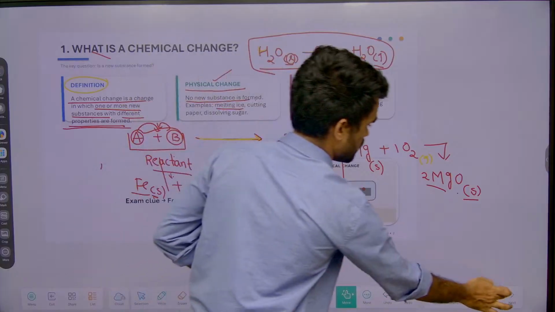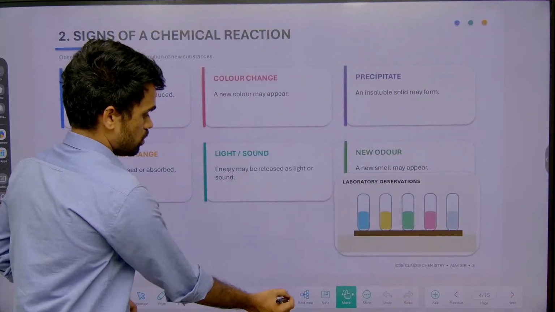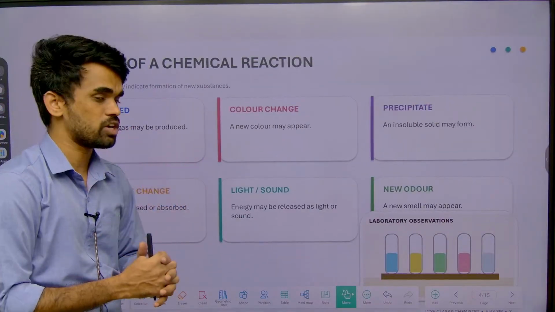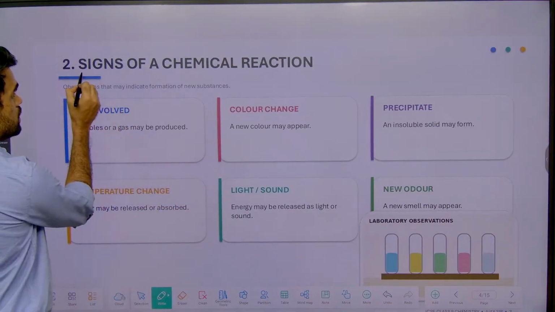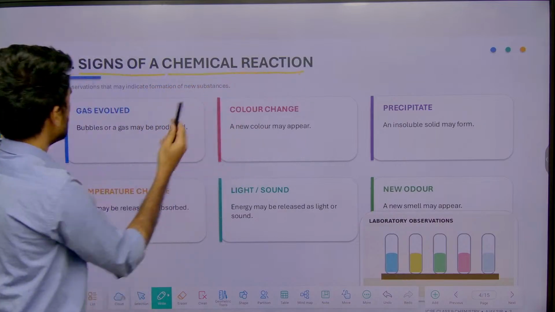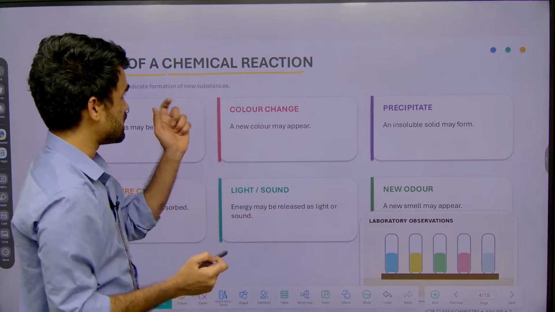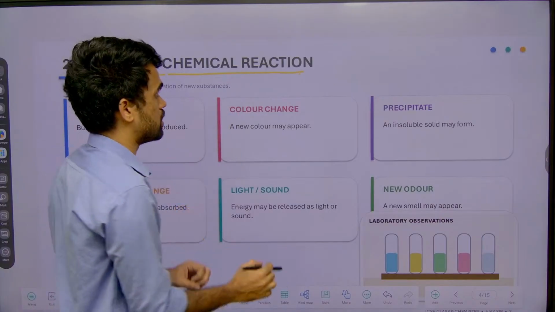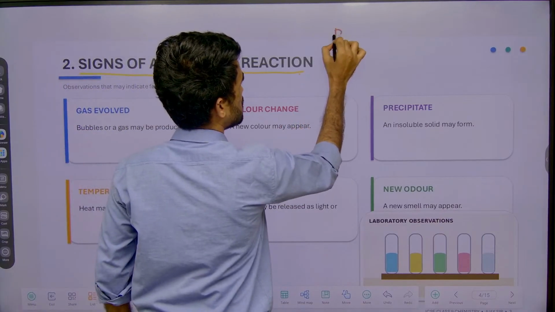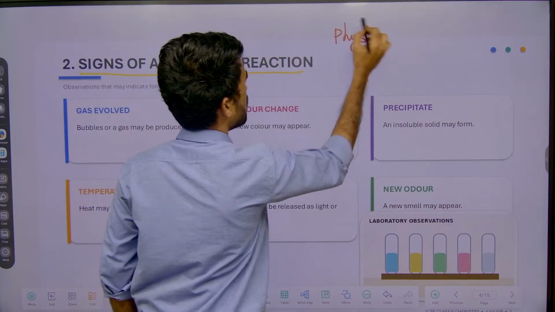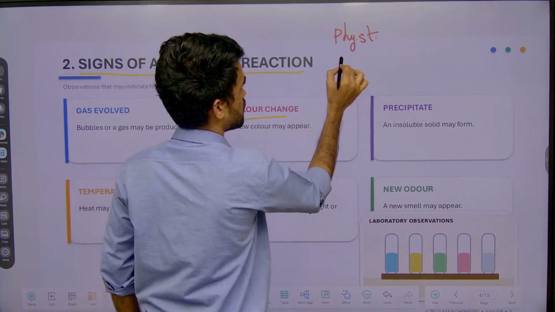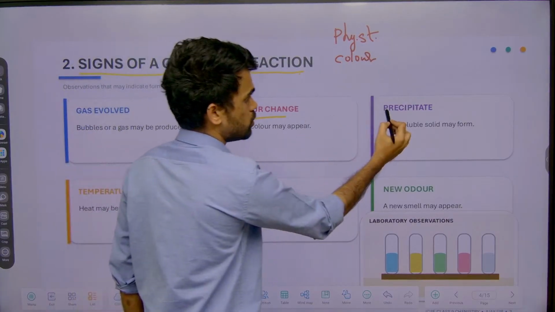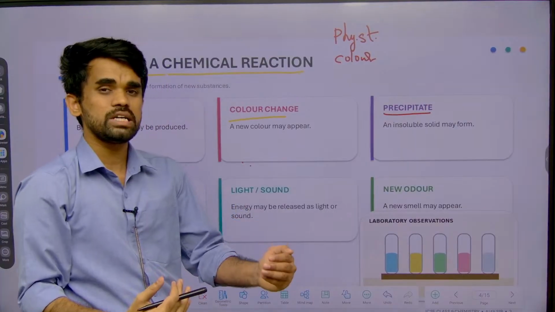So the next one here, read some more things to be known while we are writing a chemical reaction. So the first one again, the science of chemical reactions. You need to indicate the chemical reaction in a specific manner. Something like you need to indicate their physical state, and what is the color change taking place during the reaction, and you need to see whether the compound formed is a precipitate.